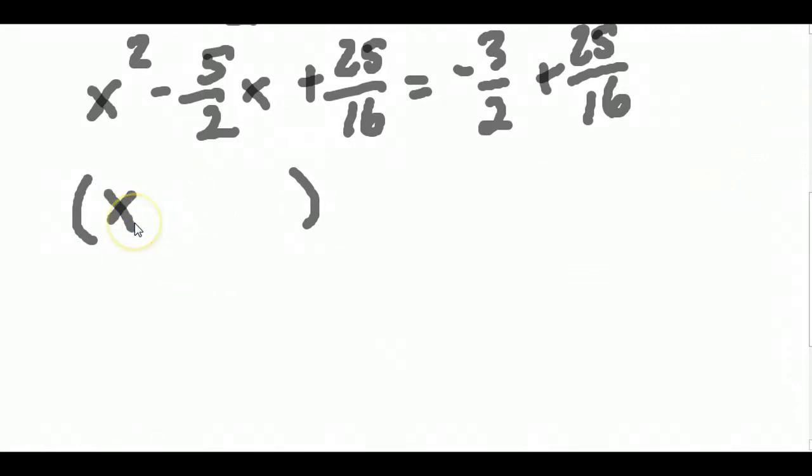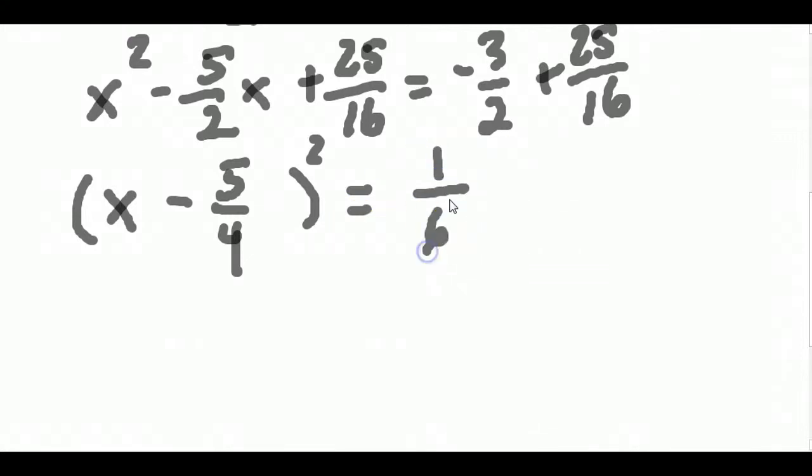Open x plus or minus something, close. x minus 5/4 squared. Exactly. That equals 1/16, because you added negative 3 halves plus 25/16.